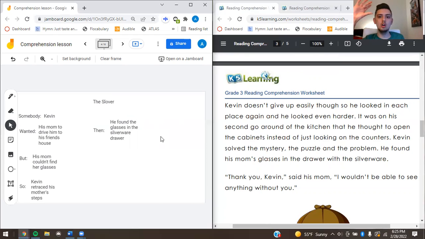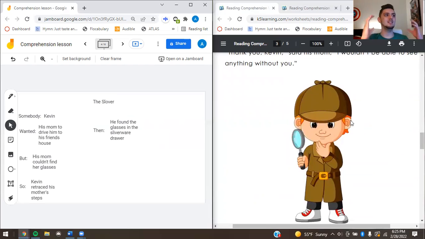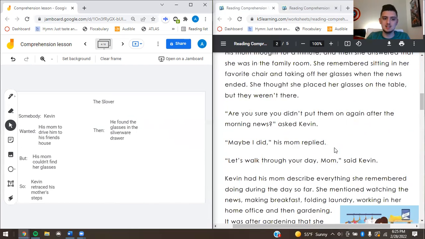So look, going through that, we've now heard the entire story, and I can read off what I have and actually tell someone exactly what happened in the story. Taking this 2.5-page story and being able to say it in like 2 sentences, that's pretty great. It's a good thing to practice and also know how to find these things in the text.